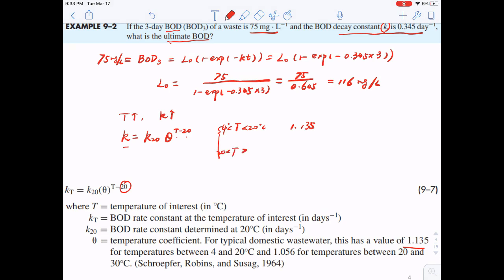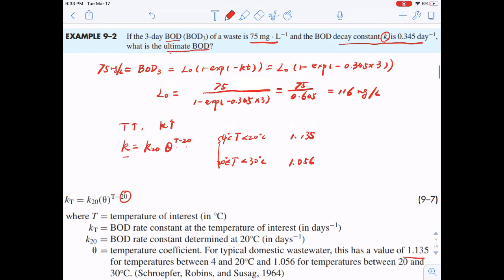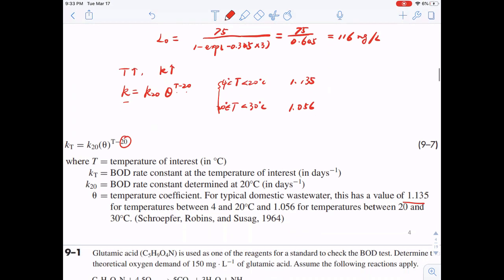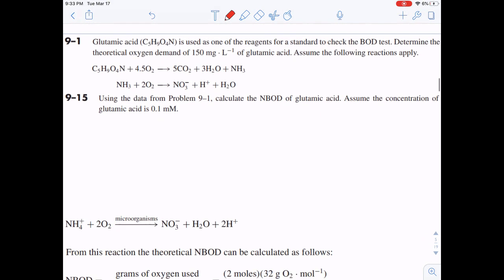If the temperature is above 20 Celsius and below 30 Celsius, it's going to take a value of 1.056. So this is how the temperature might affect the reaction rate or the deoxygenation rate.